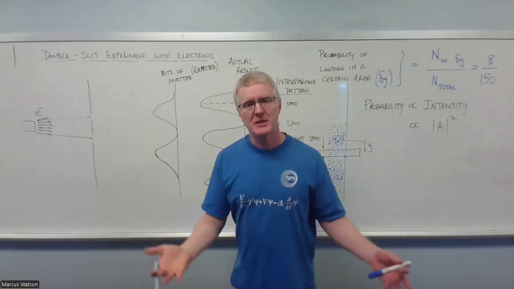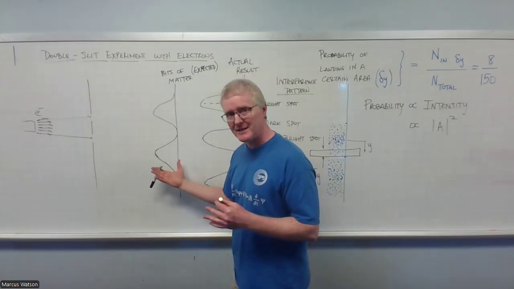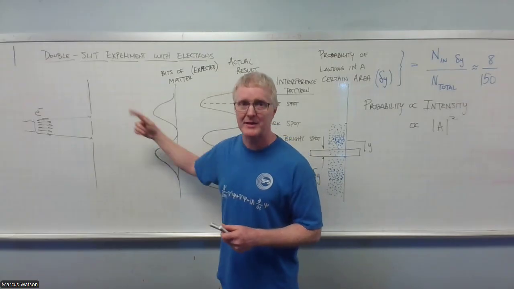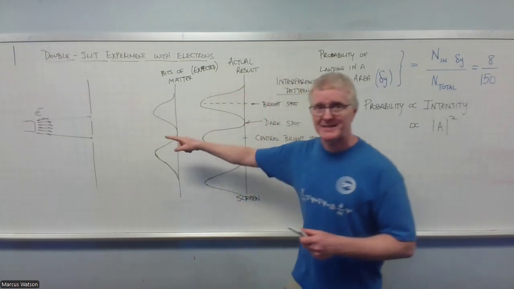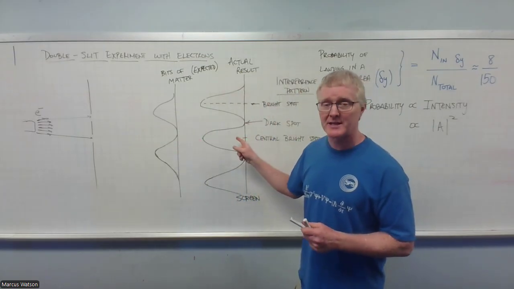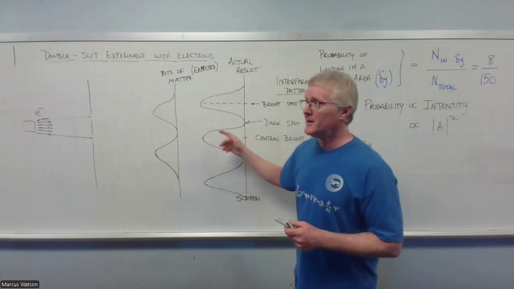Therefore, this assumption must be incorrect, because this is not the pattern we see. That pattern is based on the assumption that the electron goes through either that slit or that slit. But we do not see that pattern, we see this pattern. This pattern is therefore telling us that I consider that assumption to be wrong.